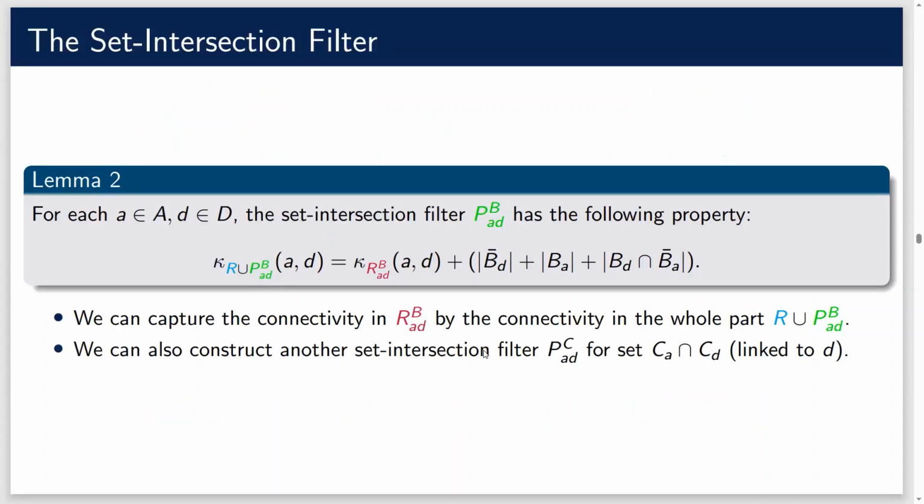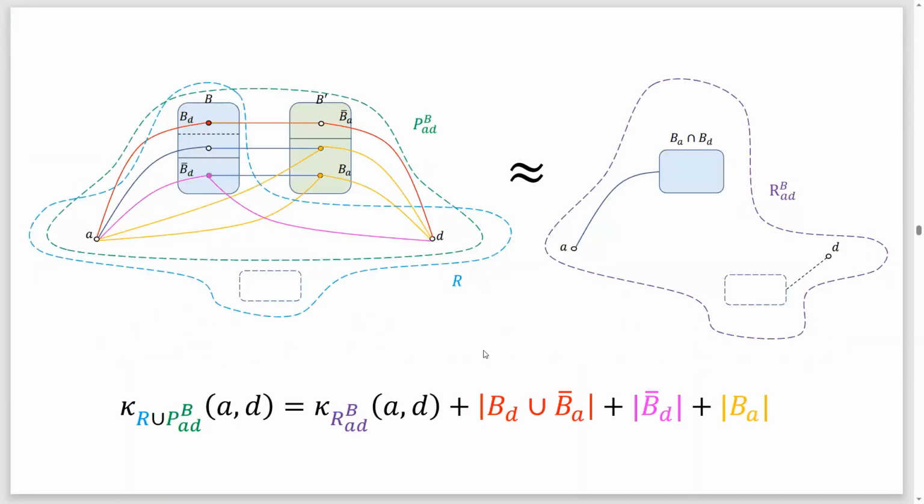We can also construct another set intersection filter PCAD for the set CA cap CD and let them link to D. So as the graph RBAD shows, we can suppose that the part below, the small rectangle below, is CA cap CD and linked to D, and then the graph RBAD will become our oversimplified example, and we only want to check if there is an extra flow or an extra edge between BA cap BD and CA cap CD.